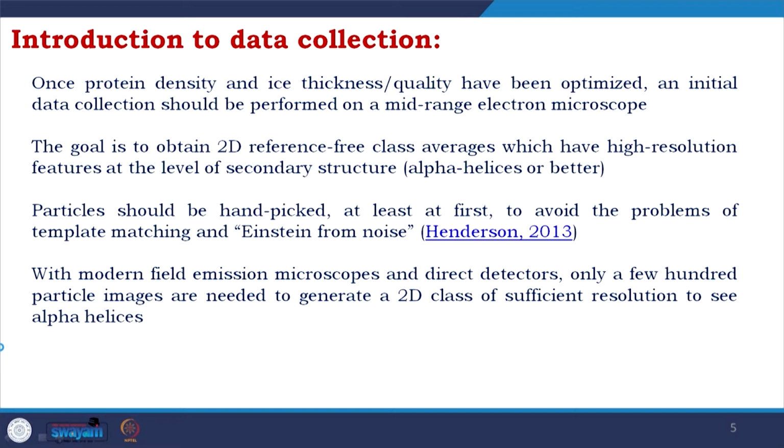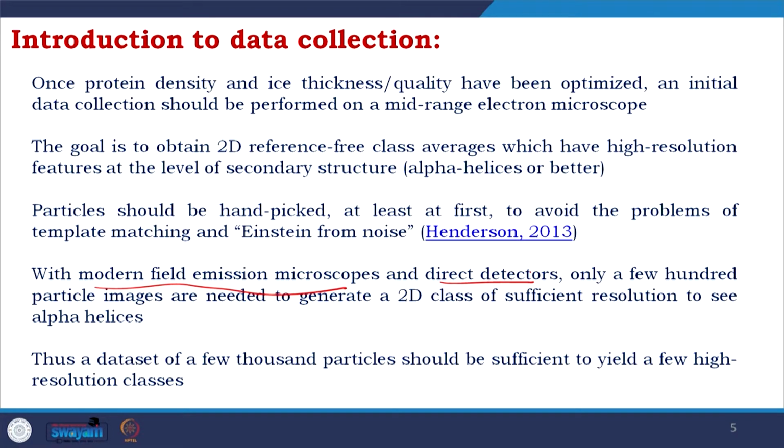Only a few hundred, with the modern field emission microscope and definitely with the direct detectors. Thus, a data set of a few thousand particles should be sufficient to yield a few high resolution classes.